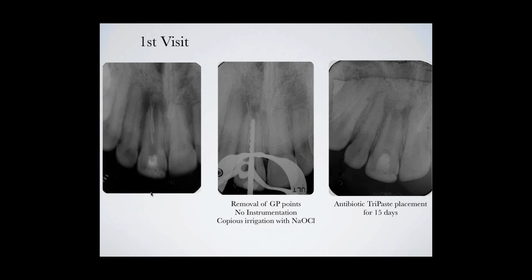Okay. Well, first of all, I would like to congratulate you, Spiros, for the excellent case. I think it's a great presentation. But I have some doubts. Why, in the first place, did you not choose to make an apexogenesis or apexification procedure with chemically pure calcium hydroxide? Apexification has been the standard procedure so far for this kind of cases.